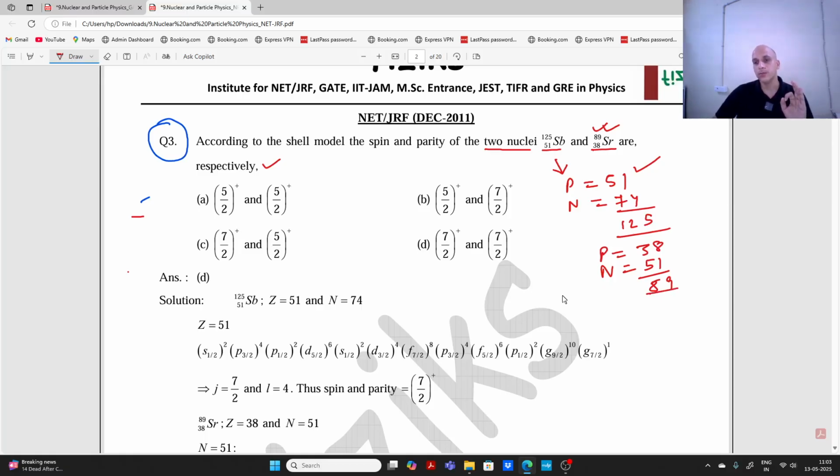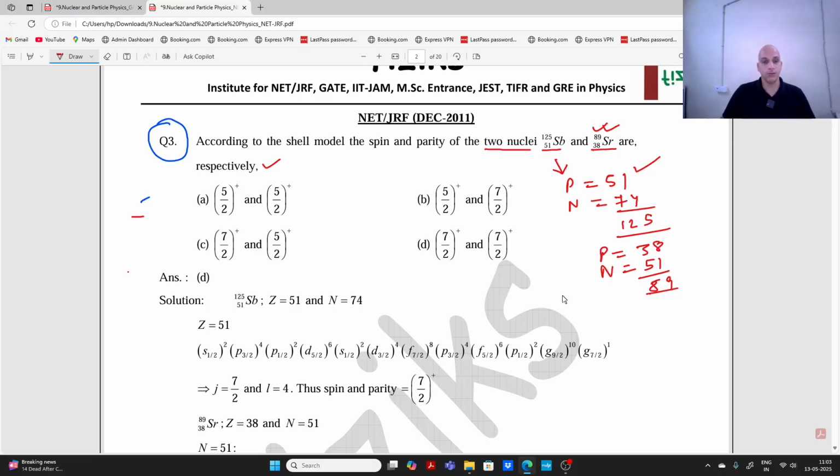So both these nuclei have configuration up to 51, and in the first case the unpaired is a proton, whereas in the second case the unpaired is a neutron. But both neutrons and protons are filled up to configuration 51. So we have to write down the configuration up to 51.